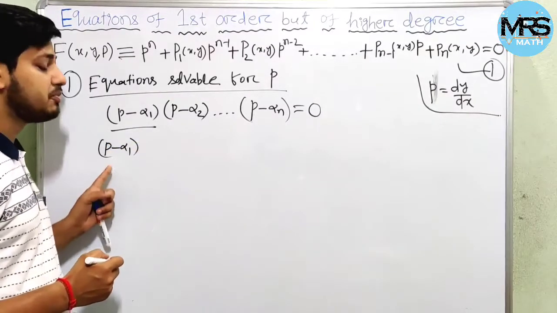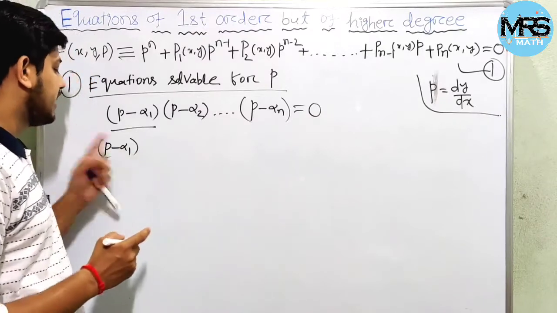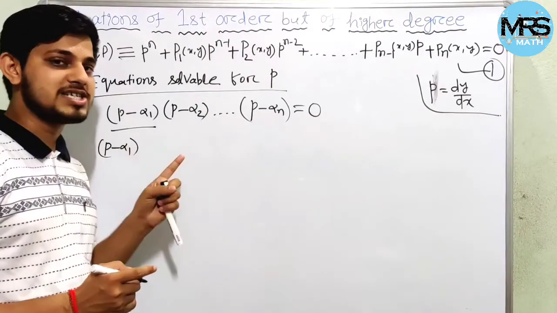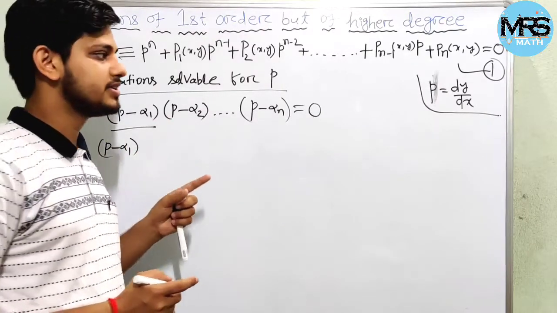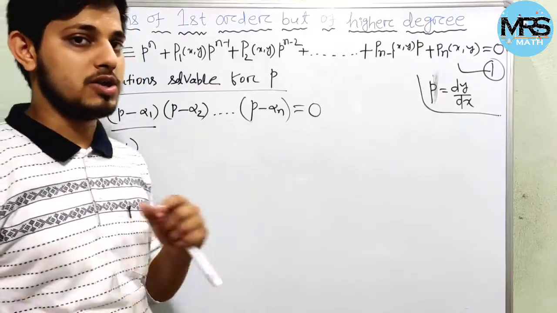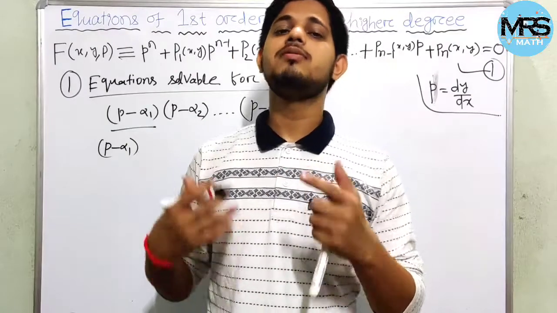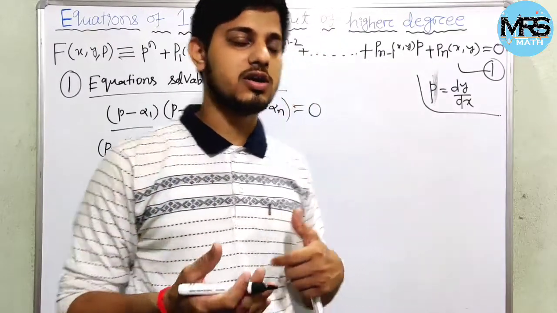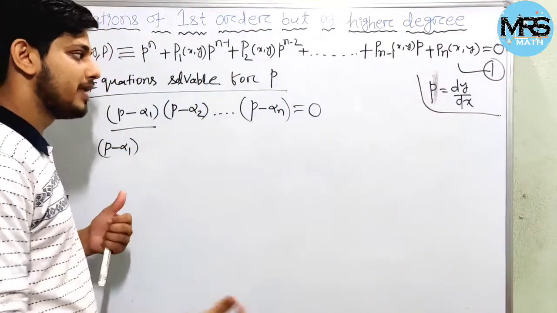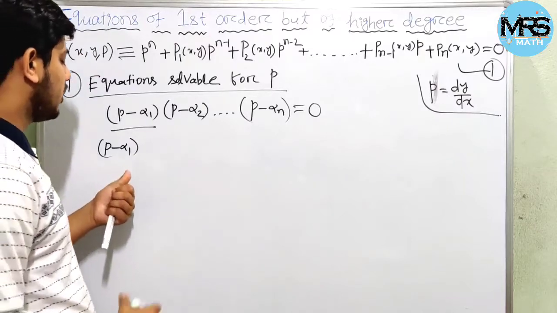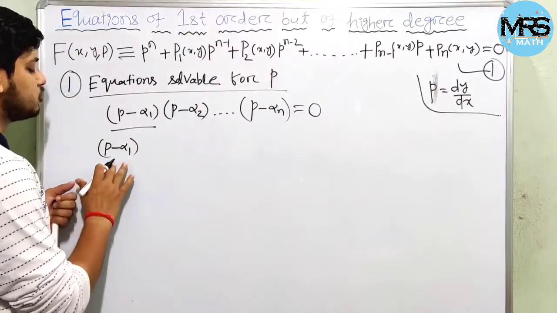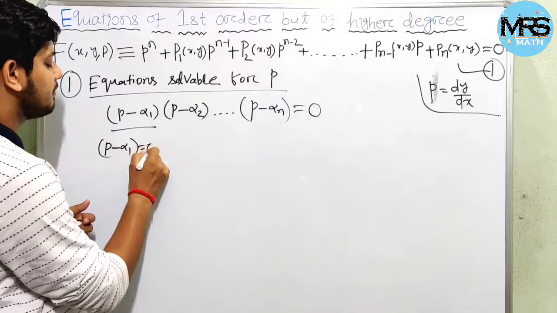Here p represents dy by dx, so p minus alpha 1 is a first order first degree differential equation. I have already discussed the solution of such equations; if you have forgotten or have not seen it, please go to my previous lecture to understand how to solve this type.